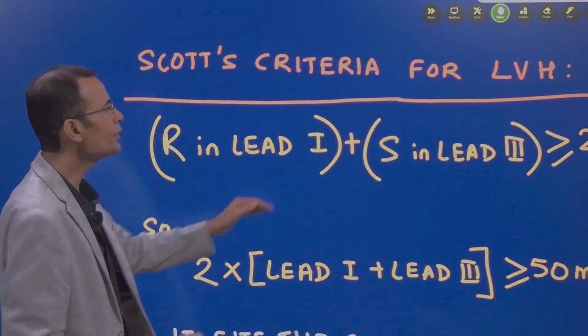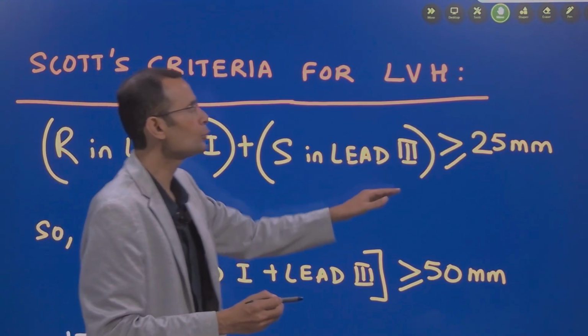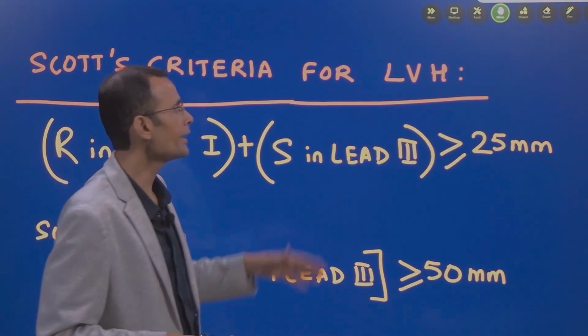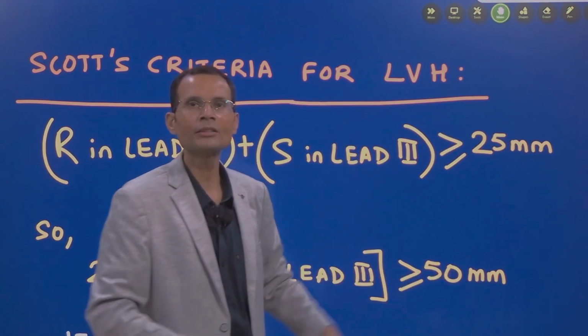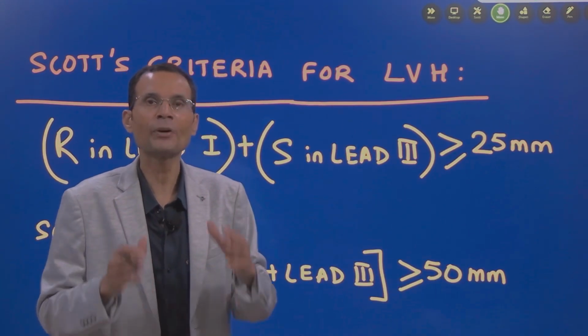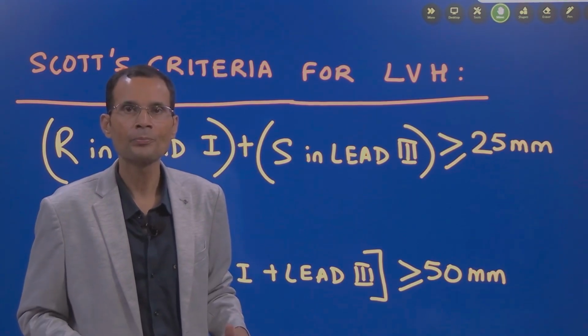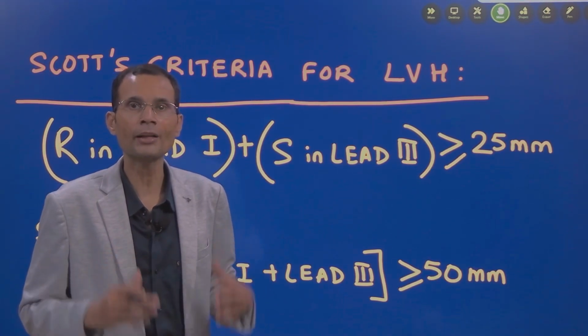If this addition is 25 millimeters or more than 25 millimeters, it indicates left ventricular hypertrophy. That is according to Scott's criteria.